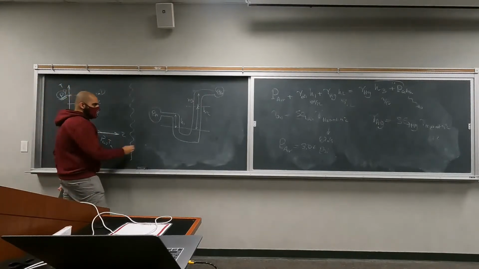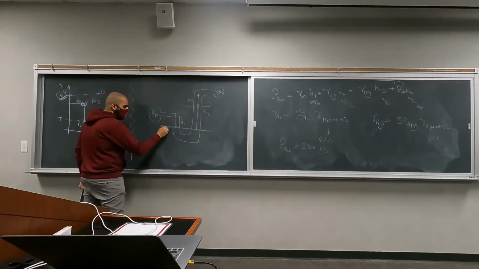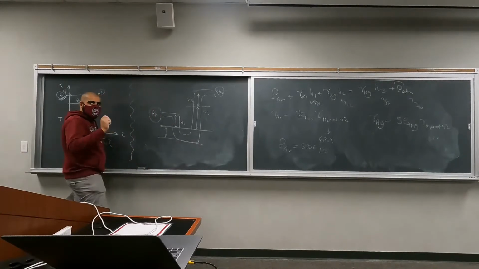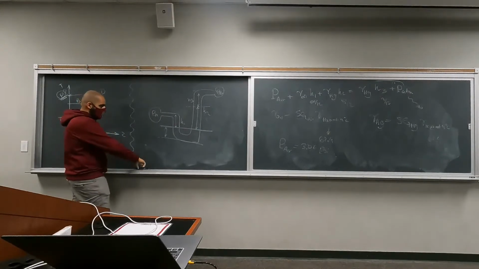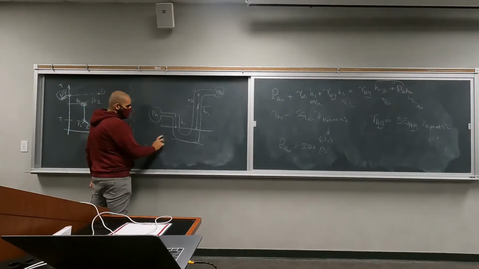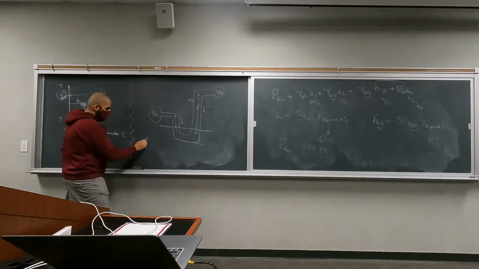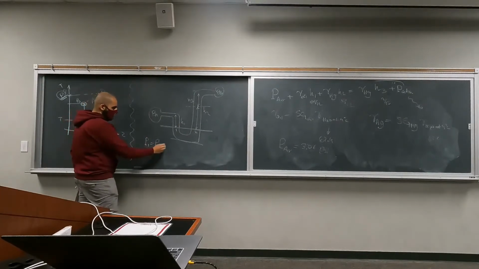So we know that the pressures at these 2 points are the same because they have the same height, and they are also the same liquid. That's very important, right? They have to be the same fluid, a gas or liquid or whatever. So let's call these point 1, point 2. P1 is equal to P2.